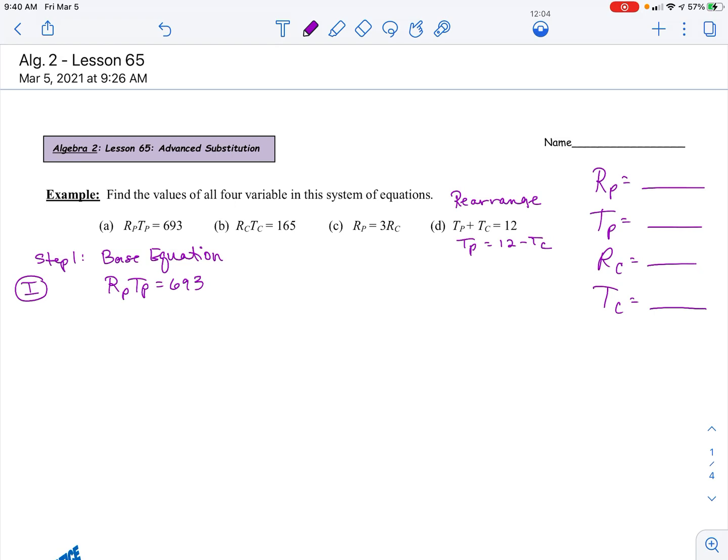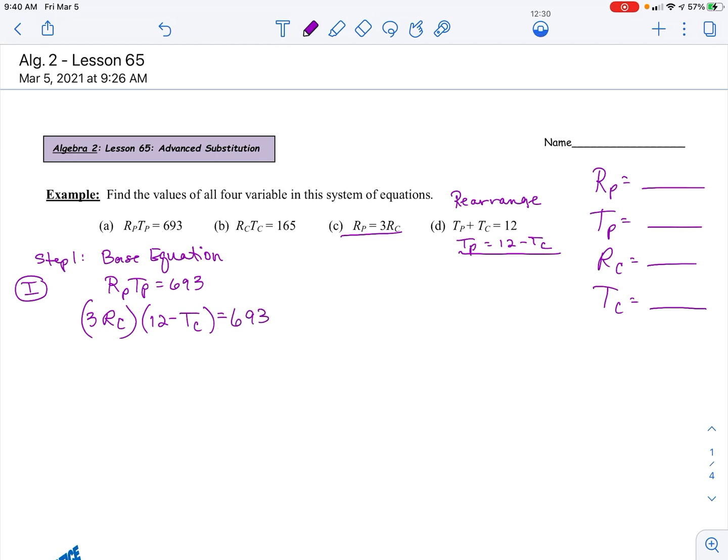Let's fill in what we have. So RP, according to C, is equal to 3RC. So we're going to fill that in here. We're going to put 3RC in for RP. And if you look at D, we know that TP has a value. So we're going to put something in for TP. 12 minus TC equals 693.